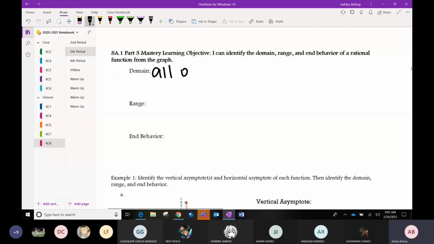All of the x values of a function. Let me move this over.